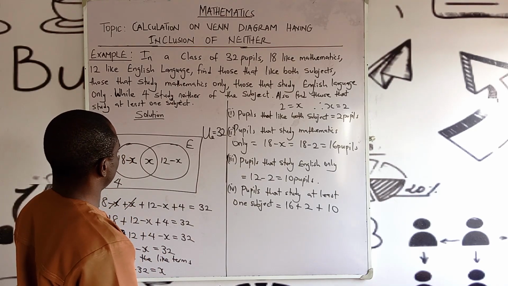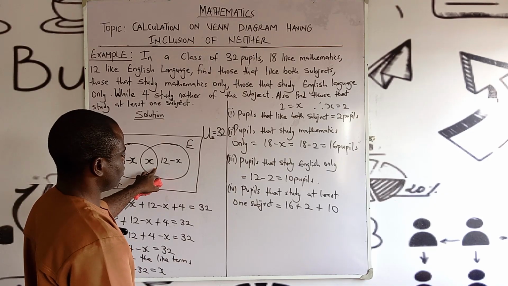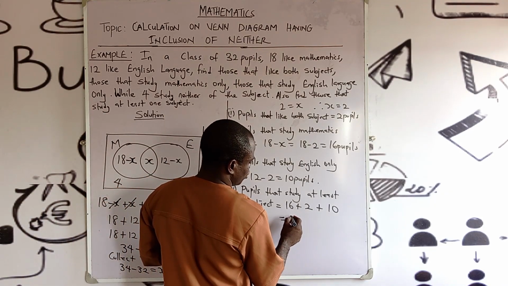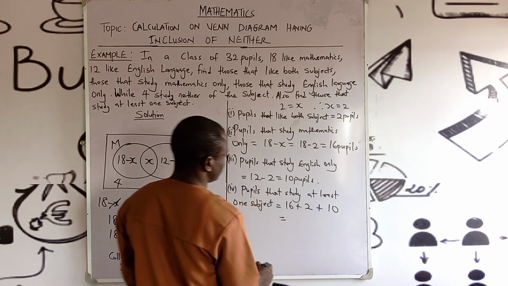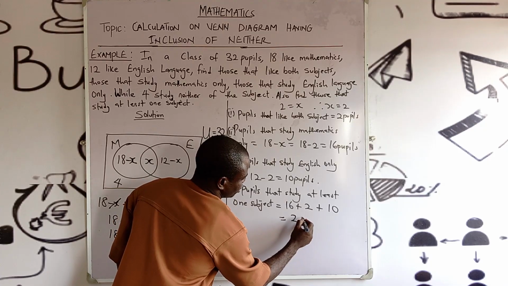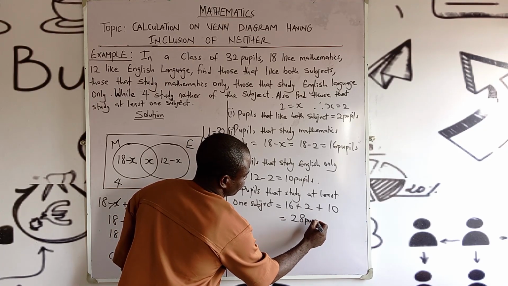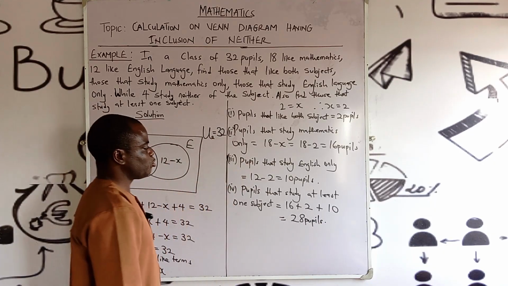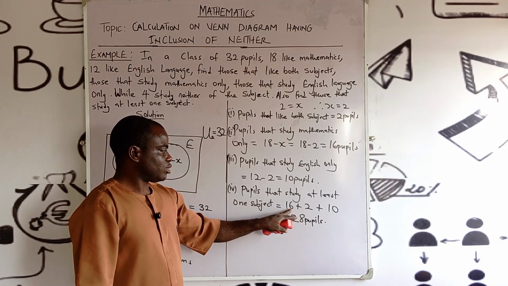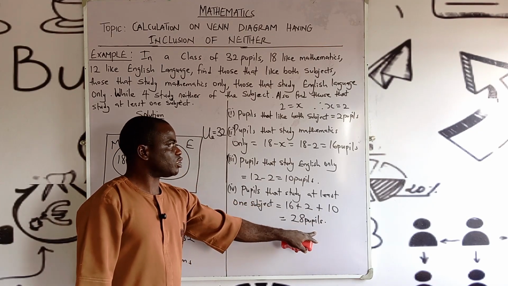We are going to add only what we have here, which is 16 plus 2, that's 18. 18 plus 10, that is 28 pupils. Pupils that study at least one subject, there are 28 pupils.